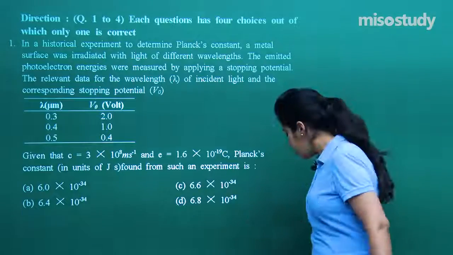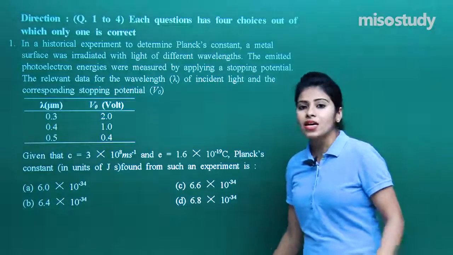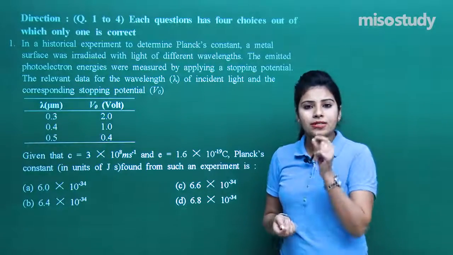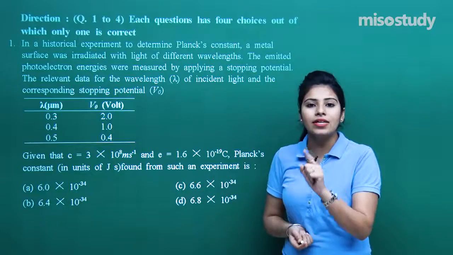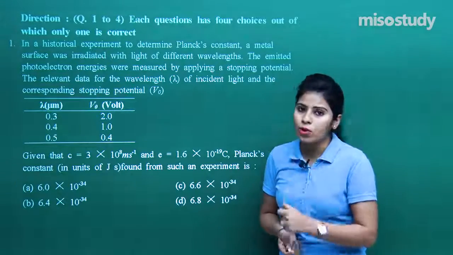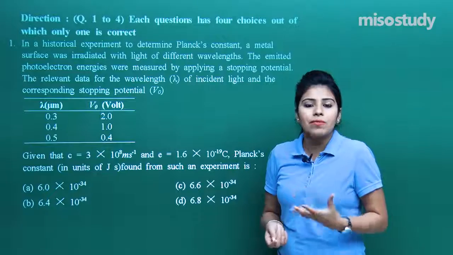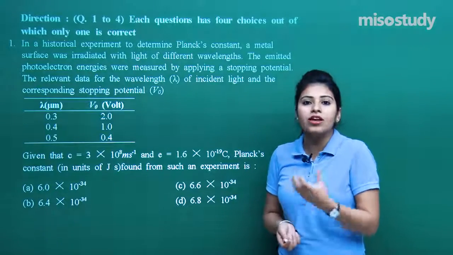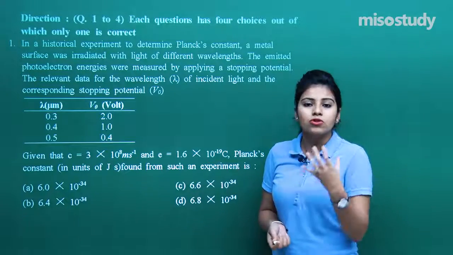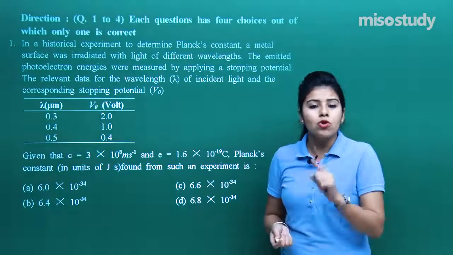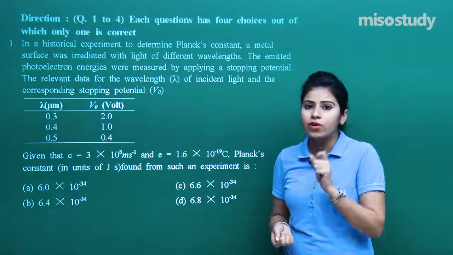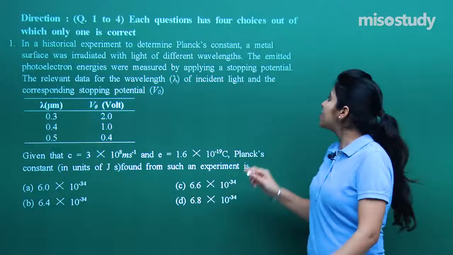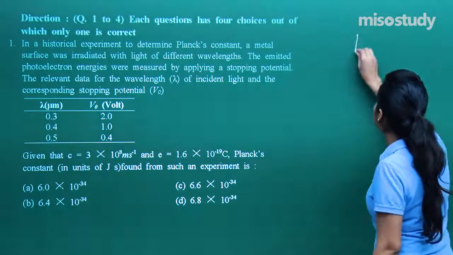Now let us find the value of h, and as I have told you, the important thing in this chapter is Einstein's photoelectric equation, because this has become the favorite part of the examiner to bring out the question. So you have to remember the photoelectric equation. Now let me write this equation once again before you.